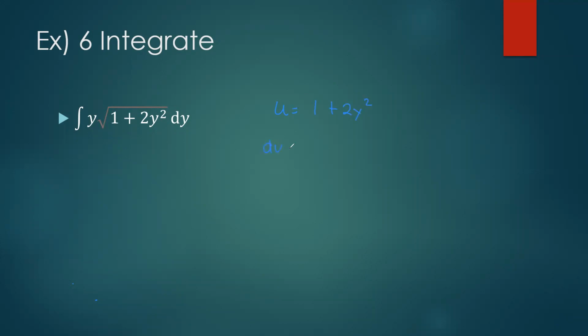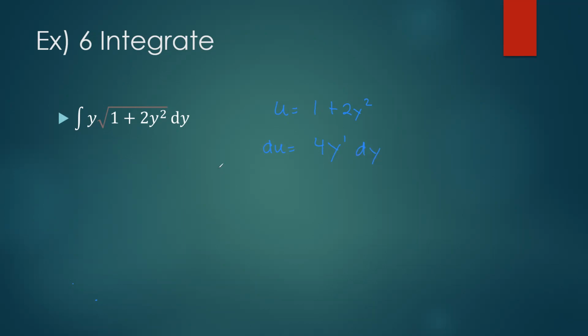And then I'm going to do du. The derivative of 1 is 0. The derivative of 2y squared is 4y to the 1. And then instead of dx, it's going to be dy, because we're in terms of y.